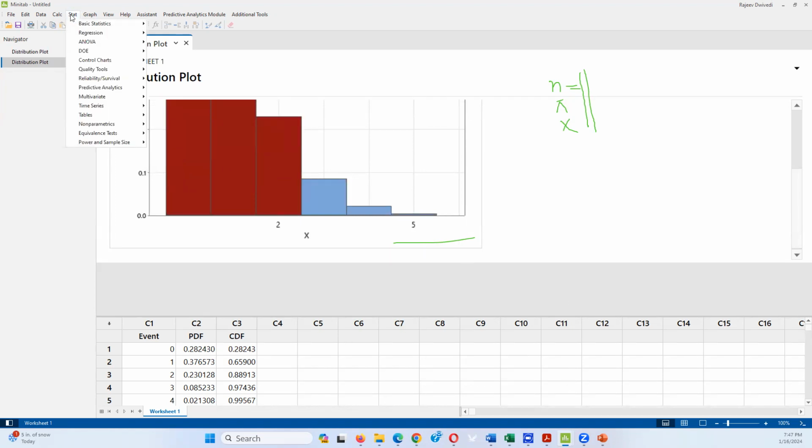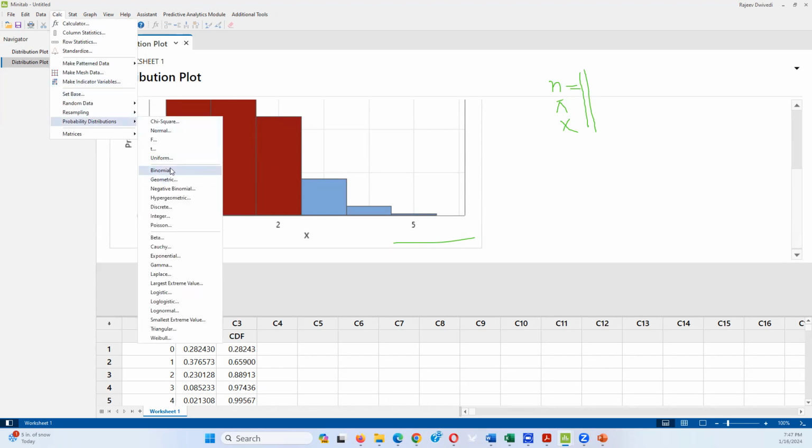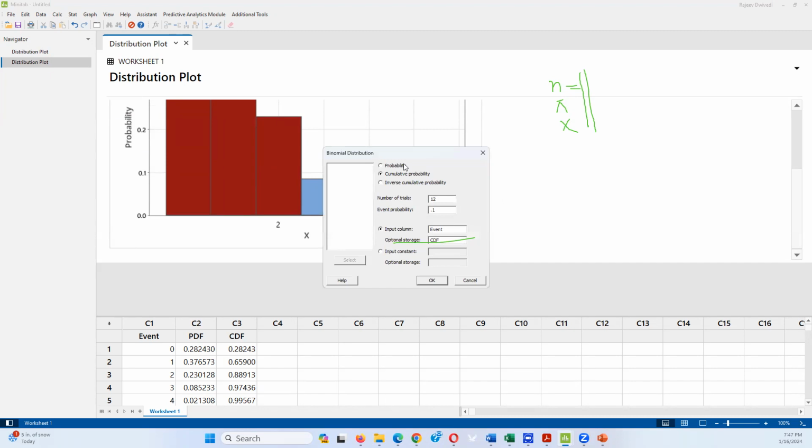And you asked about this. What is important here are three numbers: n, pi, and x. Input column is used if you want to run the complete distribution; otherwise you use the constant.